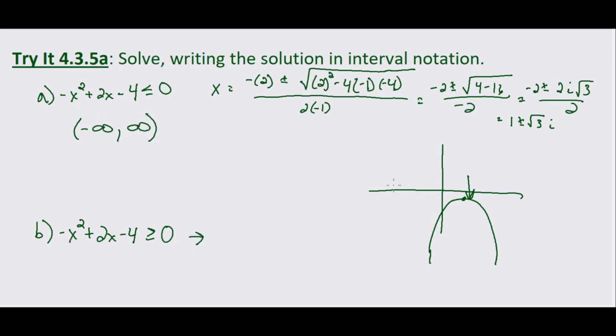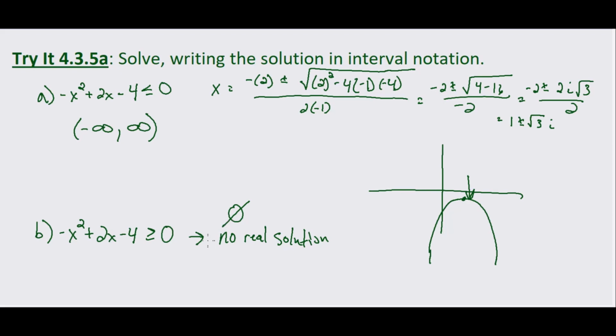And it's greater than or equal to 0, never. So that means there's no real solution, or no solution. Technically, if we want to stick with interval notation, you could say it's the null set.